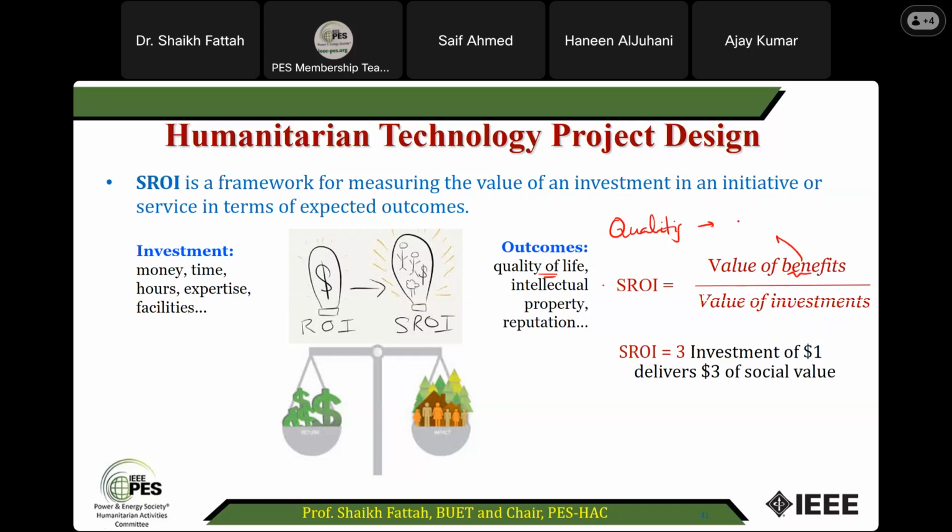If you can materialize them in terms of quantity, then you can say, okay, I'm investing $1 for getting these benefits. That's a different approach.